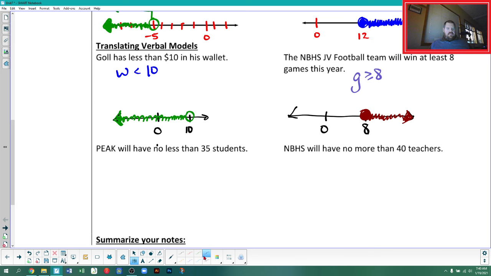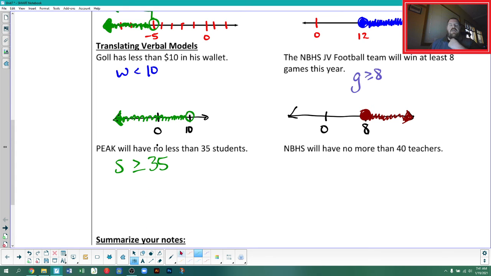Dating me a little bit, we have a problem about Peak, old alternative school. Peak will have no less than 35 students. So what does no less than mean? Maybe we'll say that students will be no less than 35. So that means that they might have 35, but they're not going to have anything less than 35, so maybe 35 or more.